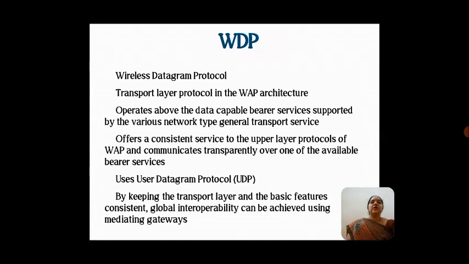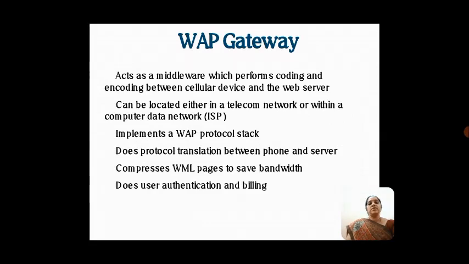It offers a consistent service to the upper layer protocols of WAP and communicates transparently over one of the available bearer services, and uses another protocol called UDP, the user datagram protocol. By keeping this transport layer and the basic features consistent, global interoperability can be achieved using mediating gateways.